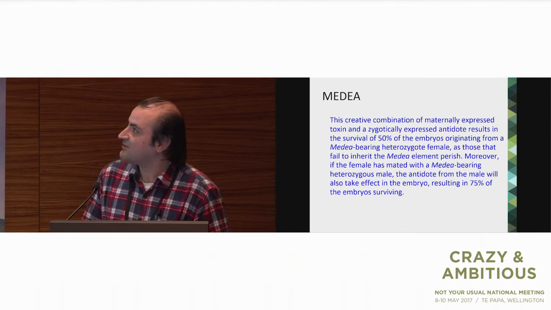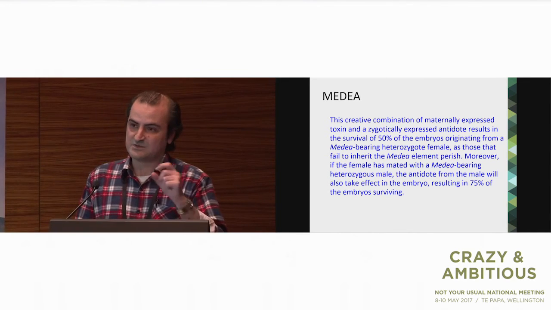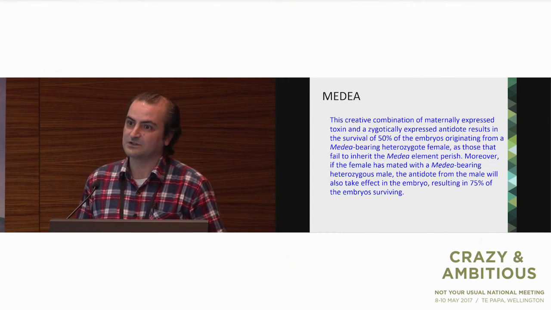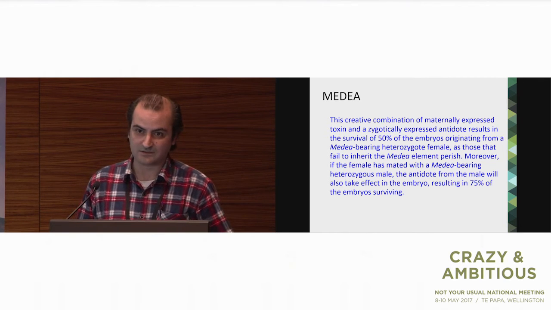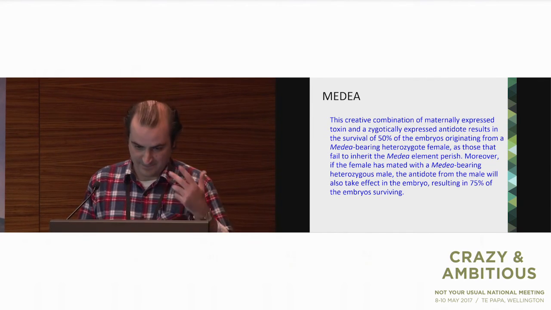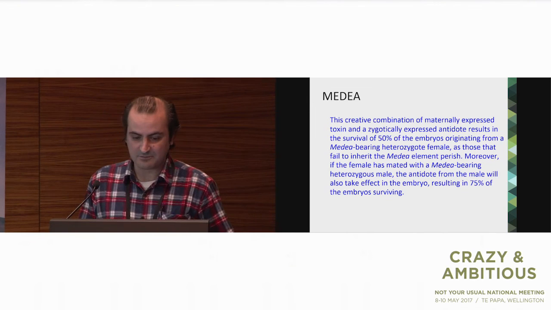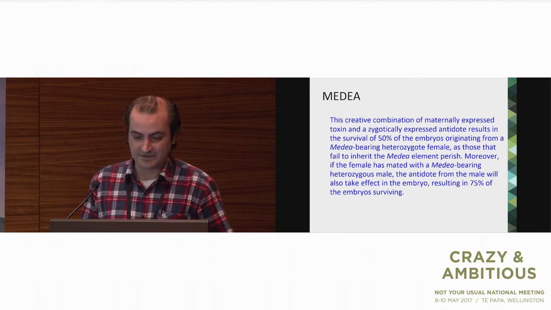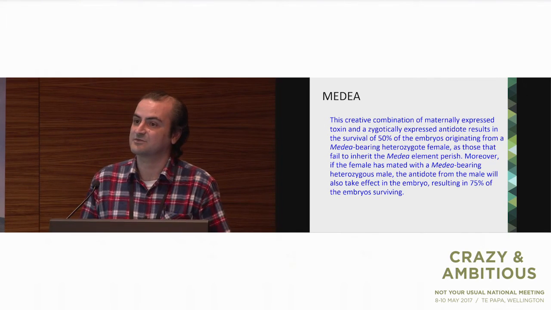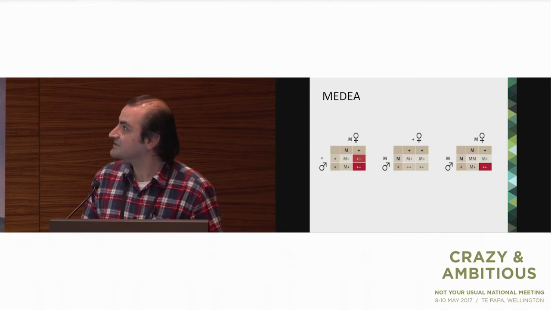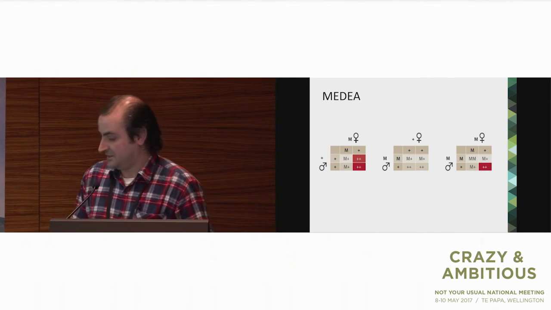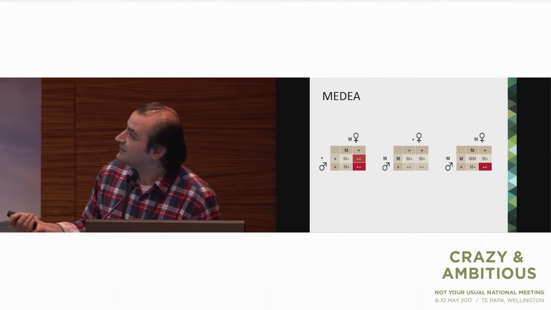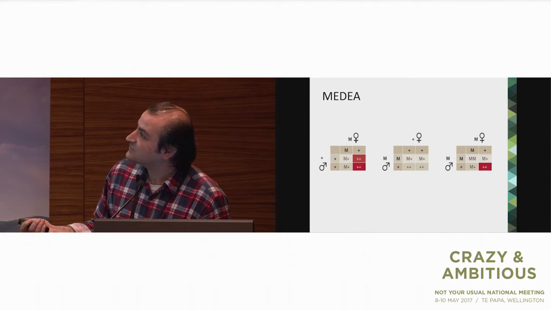So what's happening now? If the Medea-bearing mother mates with a wild-type male, then half the offspring will die because they will be homozygote wild-type, so they won't carry the Medea element. And if a Medea-bearing mother mates with a Medea-bearing father, then 25% of the offspring will die. So I've got some tables here that should make it clearer. Here is the case where a Medea-bearing mother mates with a wild-type male.